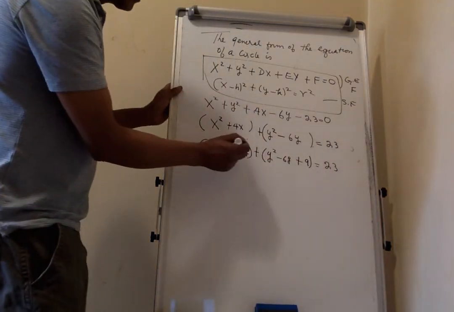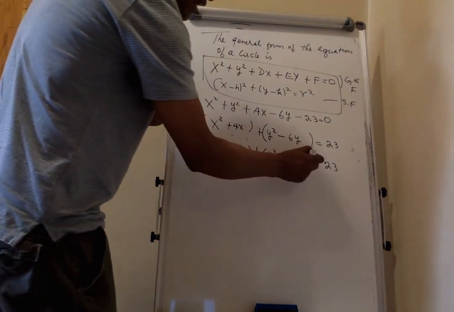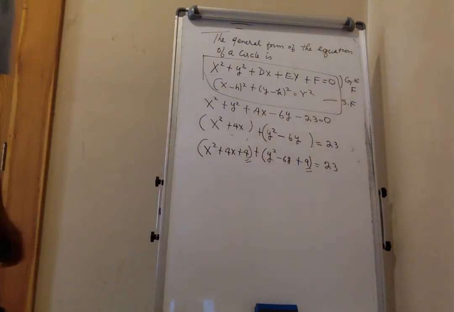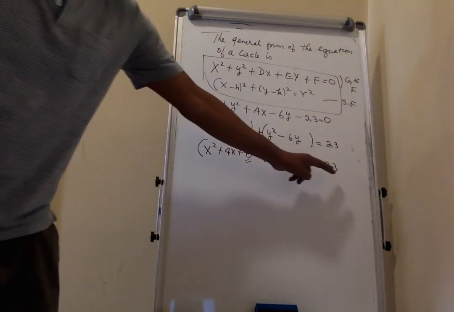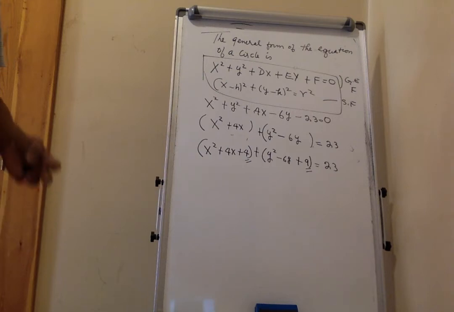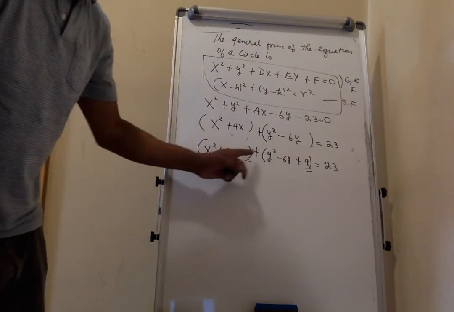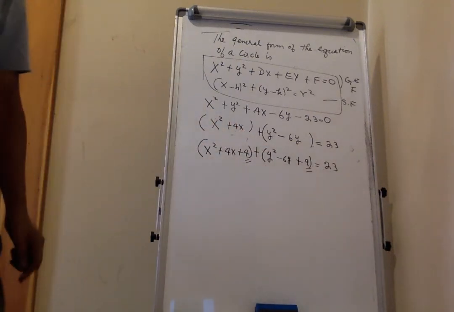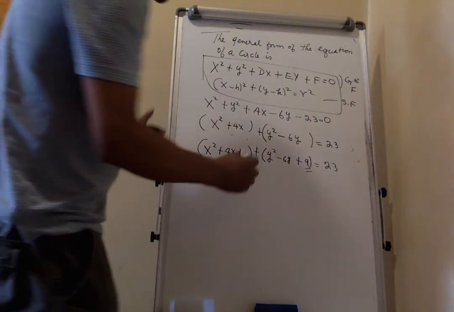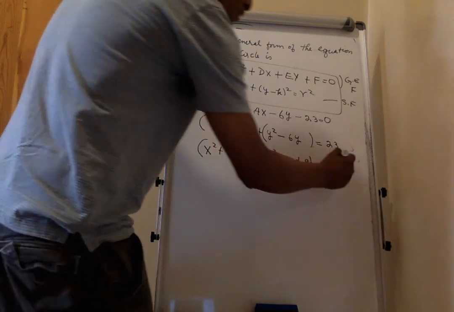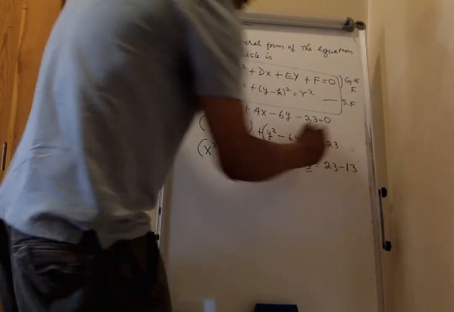I have brought new values into our equation, 4 and 9. I can't just simply write 23 because otherwise I'm changing the value. So whatever I have added here, which is 13, I have to subtract it there. So 4 plus 9 is 13, so it would be 23 plus 13.